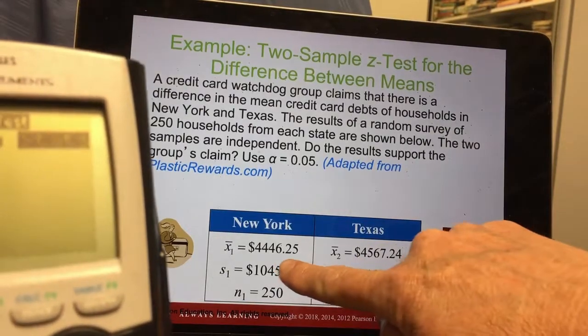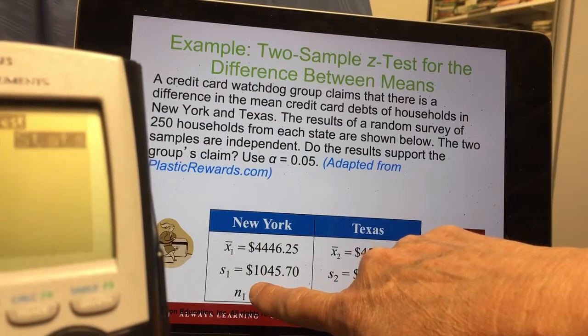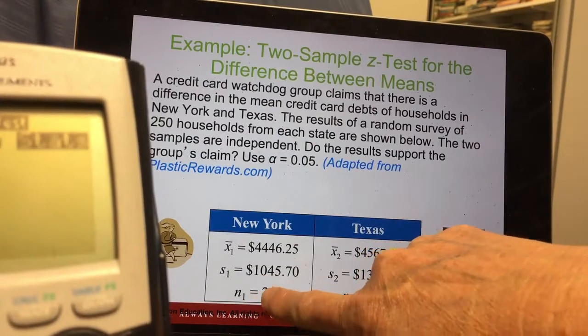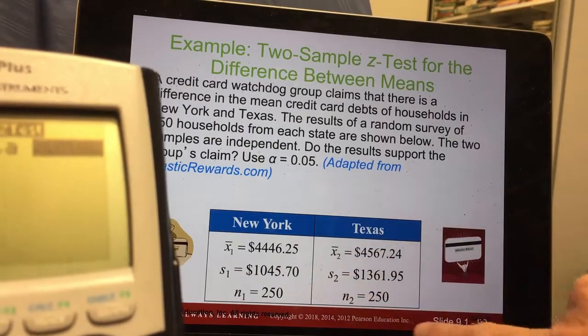We're going to have our x bar and our sample, and since we're doing a z-test, we can use our S1 in place of our sigma.